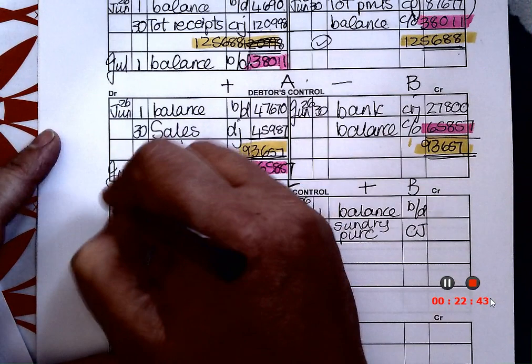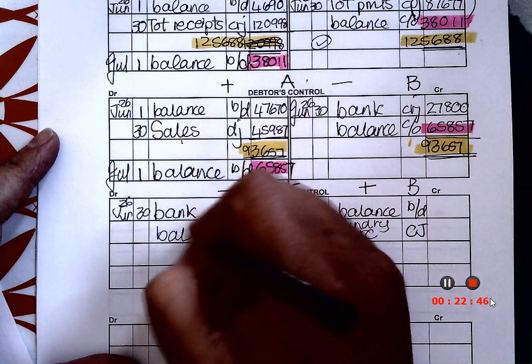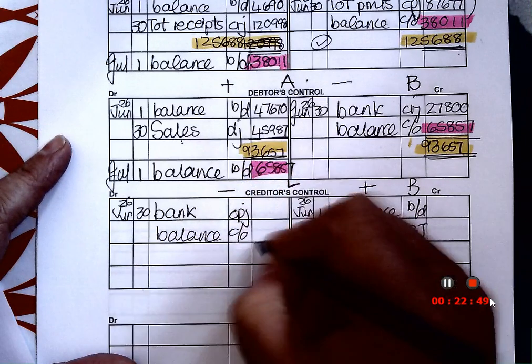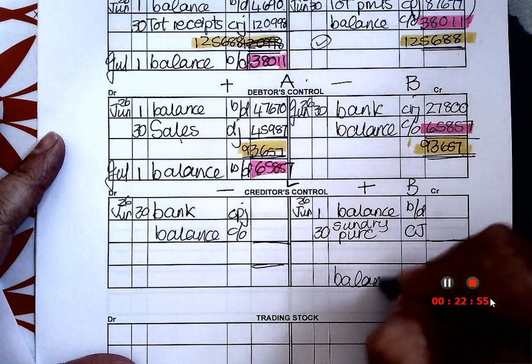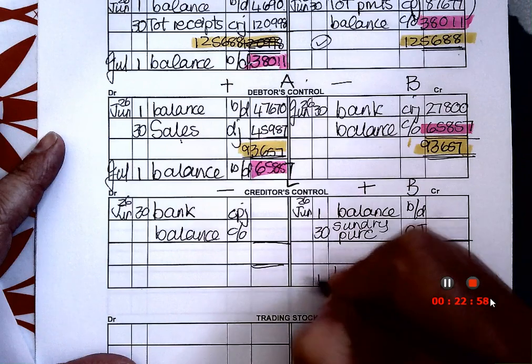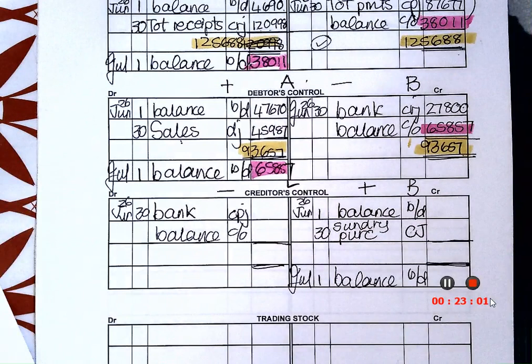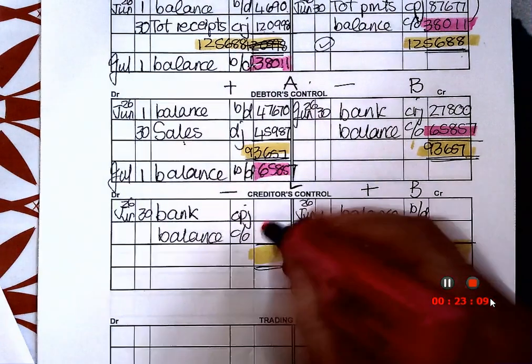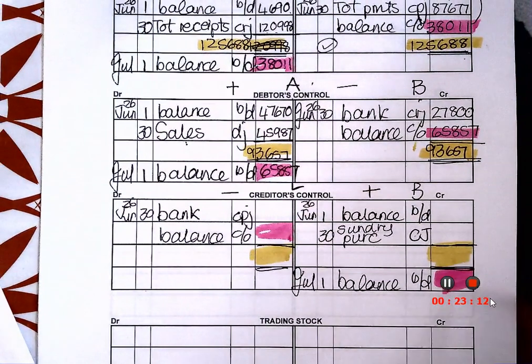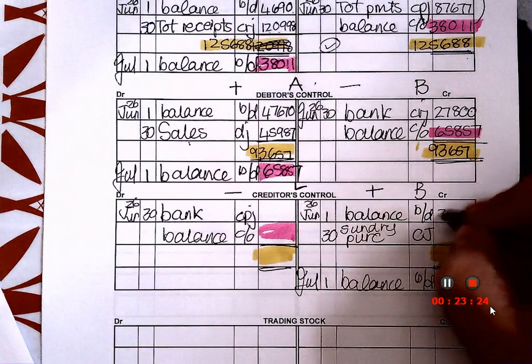Now, I can balance on the minus side, balance c/o. Draw my double line. Plus side, balance b/d. And it's always on the first day of the next month. So, I can already say, those two I know need to be the same. Now let's have a look. They tell me creditors have got a balance of 39,990.